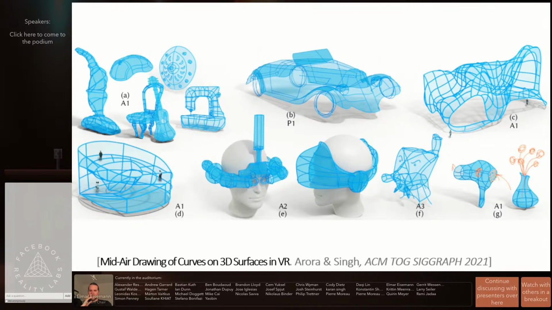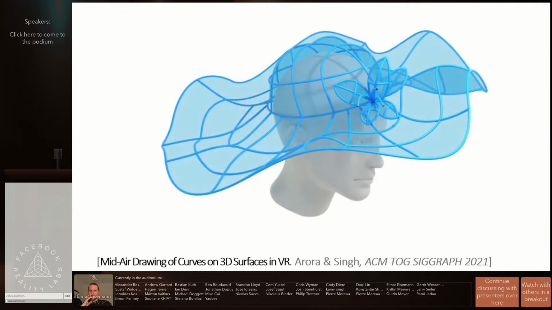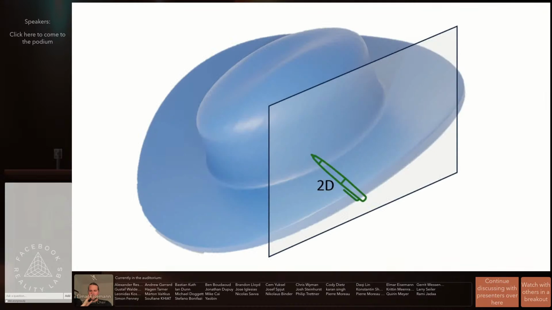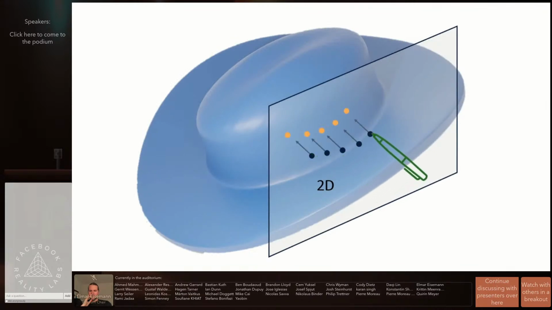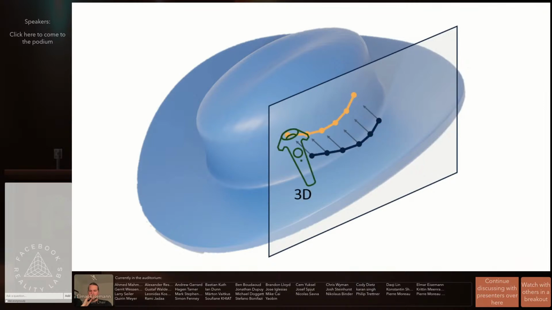Drawing curves on surfaces is almost as important as drawing in midair for 3D visual communication. In 2D, there is a simple what you see is what you get answer to this problem. That is, you project your 2D stroke along your viewing direction from the screen onto the visible 3D surface.